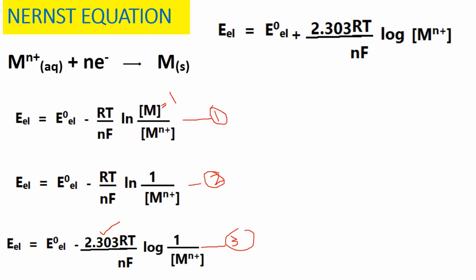The Nernst equation is that the electrode potential of the electrode is equal to E0 electrode plus 2.303 RT by nF log concentration of Mn+, that is, log 1 by Mn+ we can say is minus log concentration of Mn+.